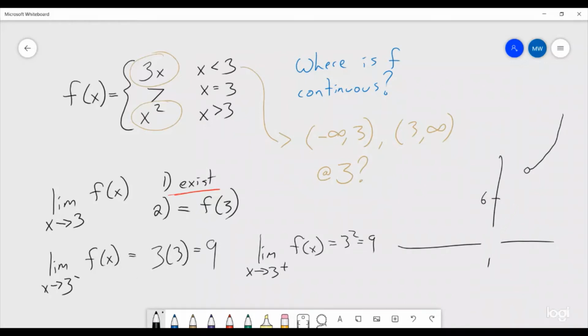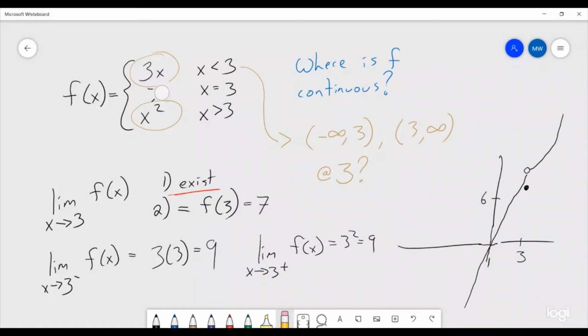It would be doing something like that. Now the question is, is it continuous at 3 still? The limit exists, but f of 3 is 7, which is not the same as 9. So our function is looking something like this, and we can see from the graph this is not continuous.